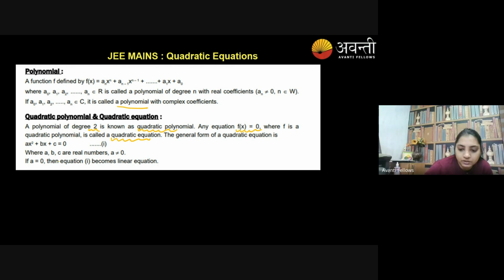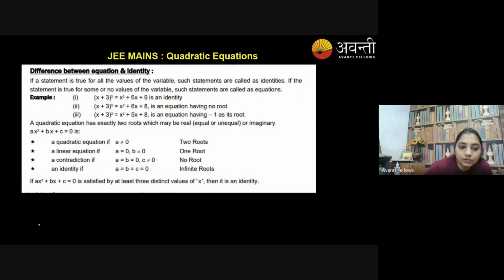Okay. A most important topic that you have never seen: there are two things, one is identity, one is equation. So, my dear students, what is identity? When all values satisfy the equation, meaning there is no restriction that only particular values will satisfy, that is called an identity.